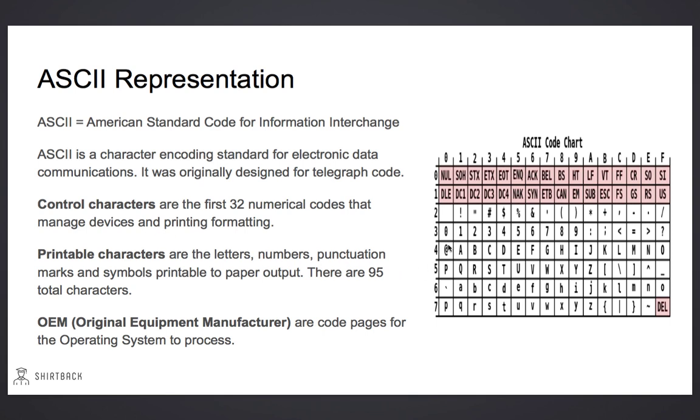The remaining 95 characters are what are called the printable characters. These are the letters, numbers, symbols, and punctuation marks that are outputted and printed on the paper. Operating systems typically will use what's called OEM, or Original Equipment Manufacturer, to print their code pages for OS processing.